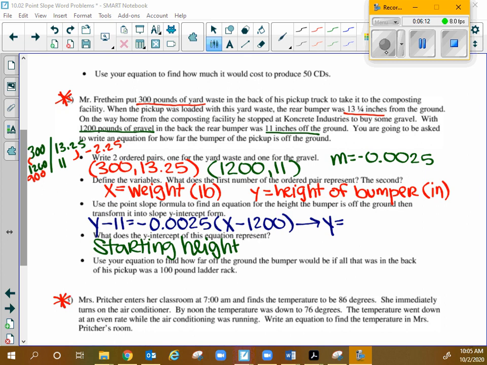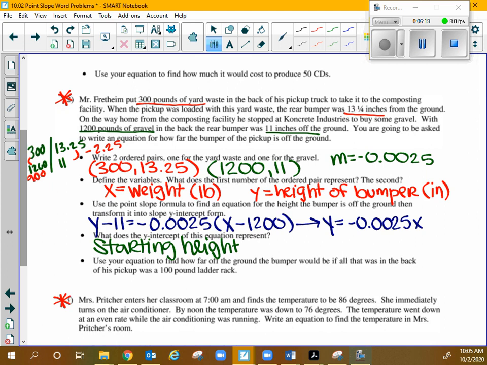Y equals negative 0.0025x plus 14. Everybody get 14? I got minus 4. Did you distribute? Okay, hold up. Negative 0.0025 times negative 1,200.